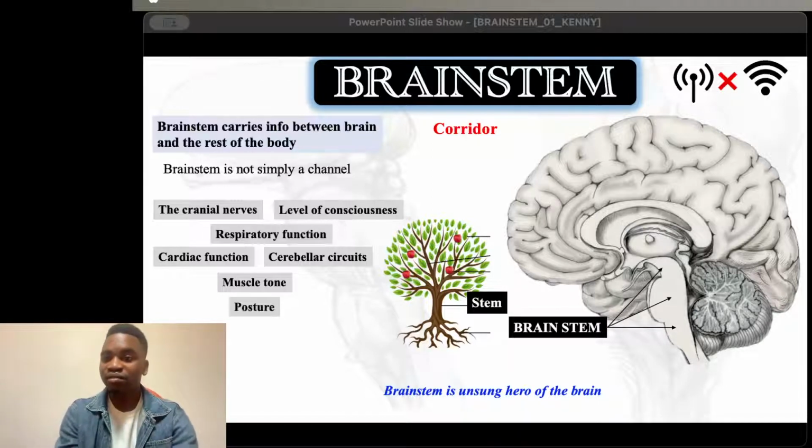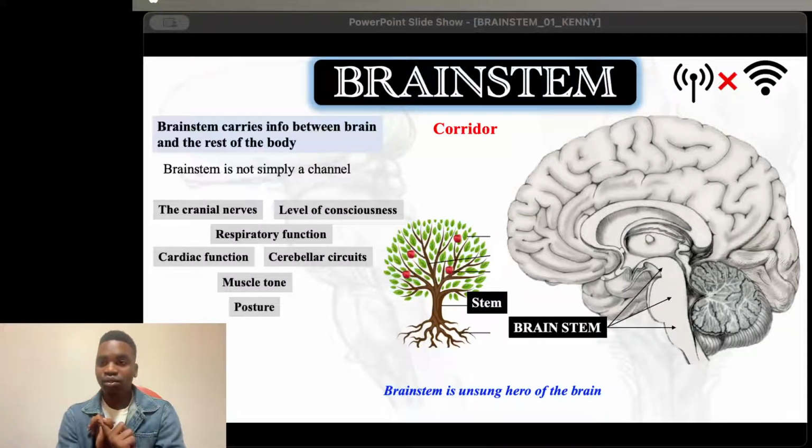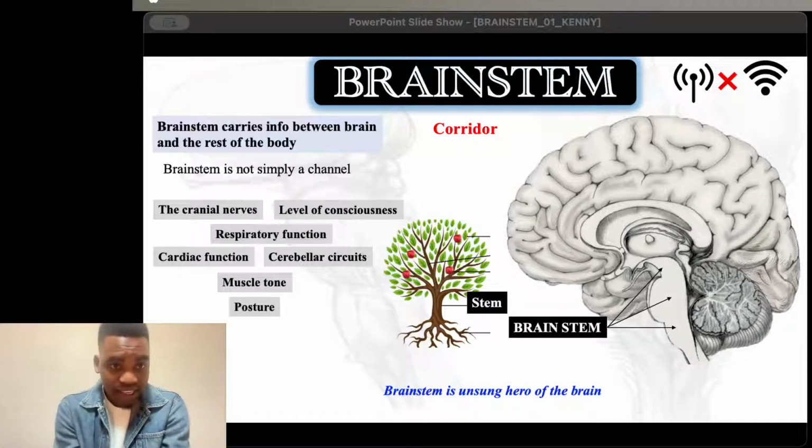But the brainstem is always at work, because it has to control the respiratory and cardiac functions, which are the most exhausting systems in the human body. Even if I'm asleep, I still want to breathe in, breathe out, and have this heartbeat.